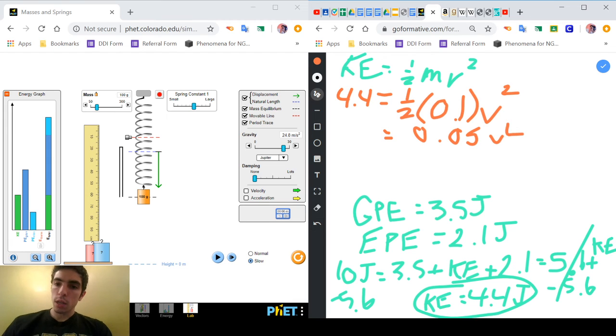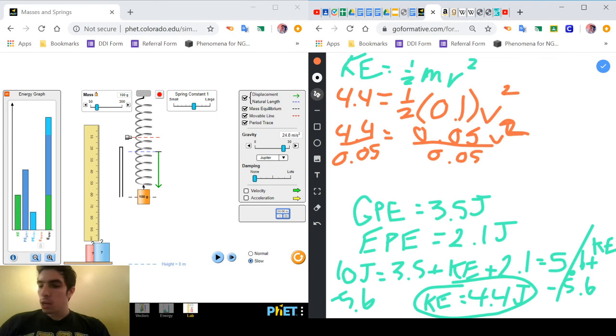And then we're just about one or two steps away. So we've got something being multiplied by v squared. So to get rid of that, let's divide both sides by 0.05. And let's see, what's 4.4 divided by 0.05? That looks like 88 is equal to v squared, now that these 0.05s have canceled out.